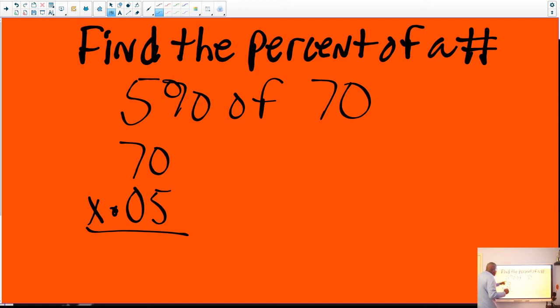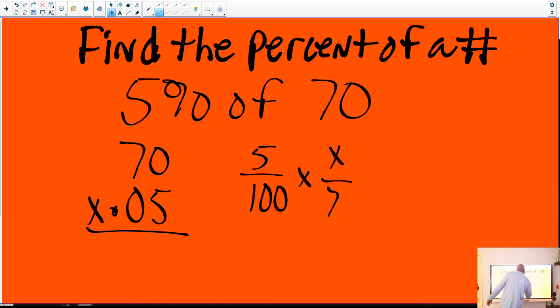Remember, 2 decimal places, you change that percent to a decimal, 0.05, you do it that way. Or you can do 5 over 100 equals x over 70. There we go. It doesn't matter. You'll still come up with the same answer.